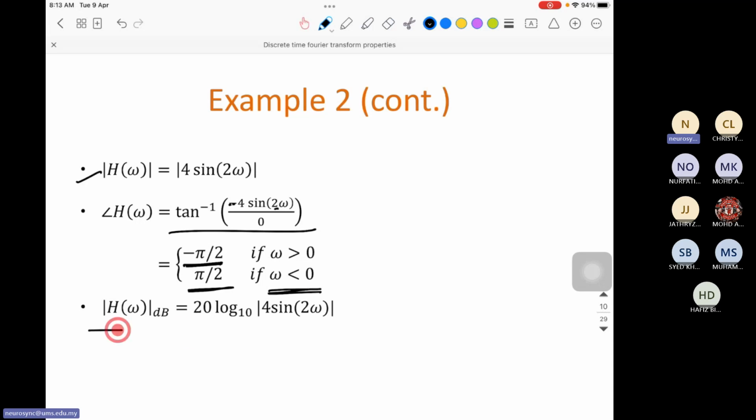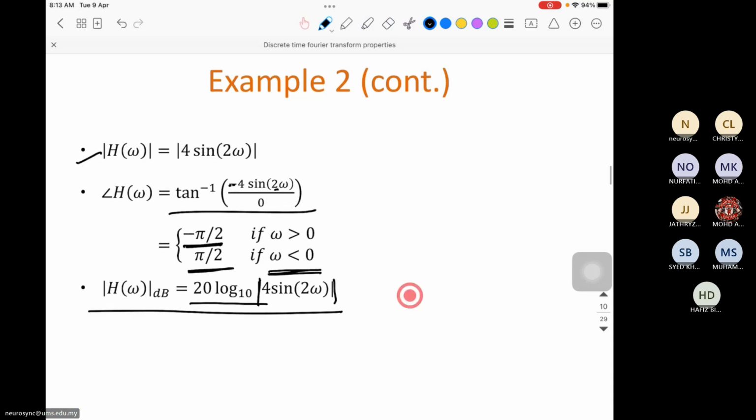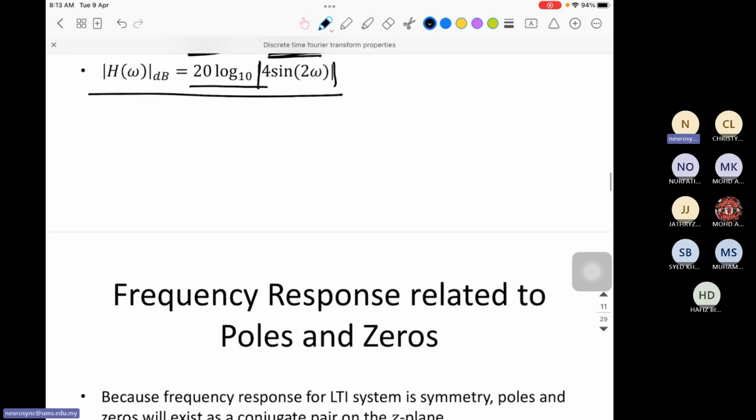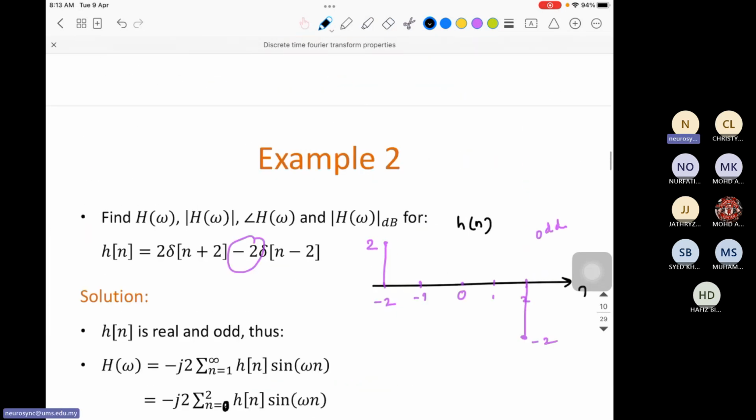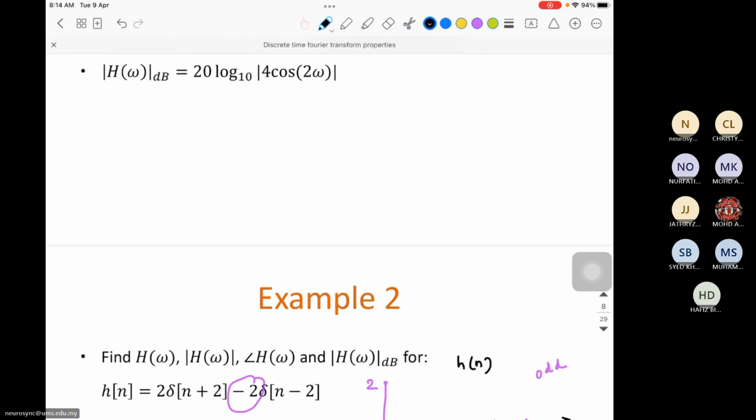If I need to calculate the magnitude in dB, you need to multiply 20 log to the base 10 to this magnitude value. Okay, so this is the simple example. Please practice this example at home, and if you have any doubts related to this, you can ask me.